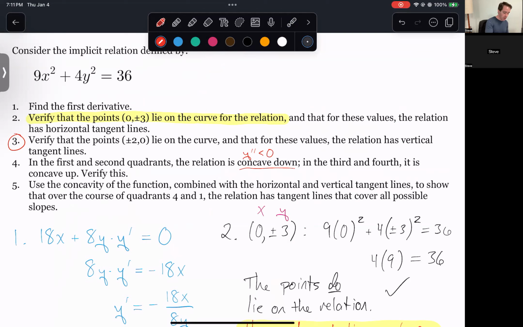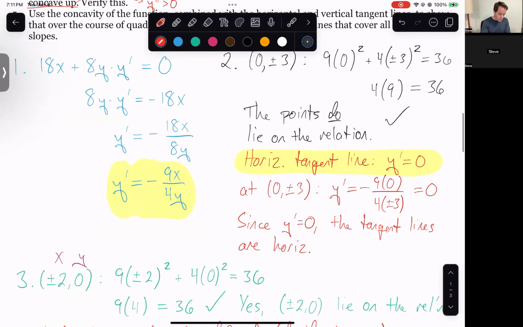Okay, and then concave up, we should be able to show that in quadrants 3 and 4, y double prime will be positive. Well, it looks like we're going to have to find a formula for the second derivative, as unfortunate as that is.